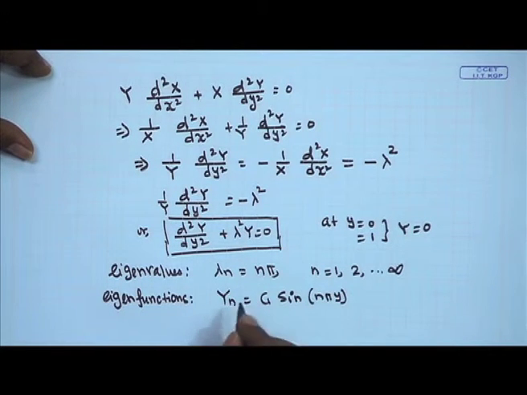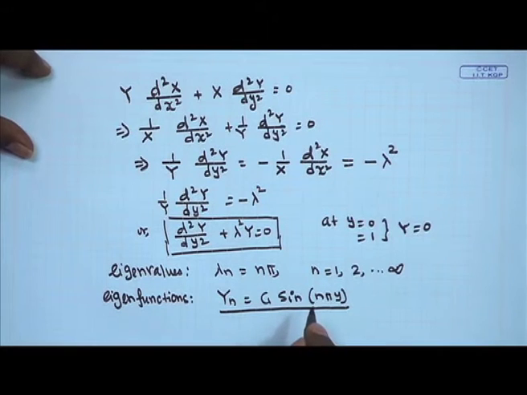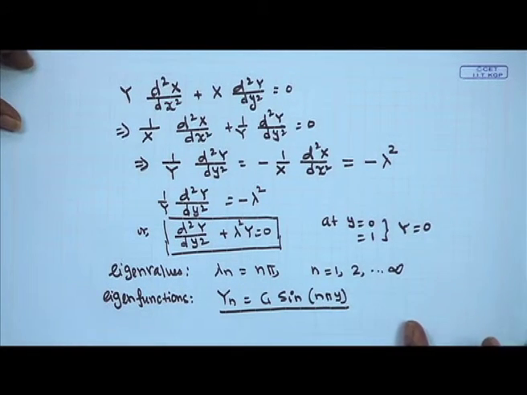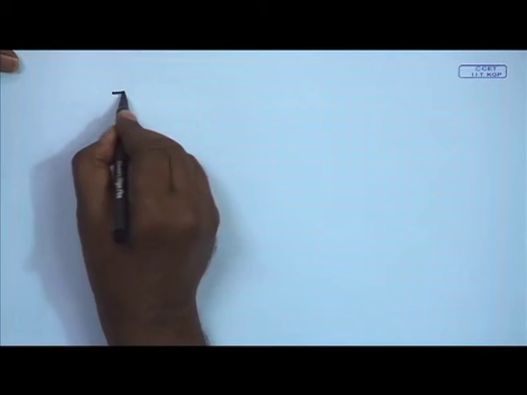These give the solution of the y varying part. Now, let us look at how the solution of the x varying part will be obtained. The x varying part is very important.